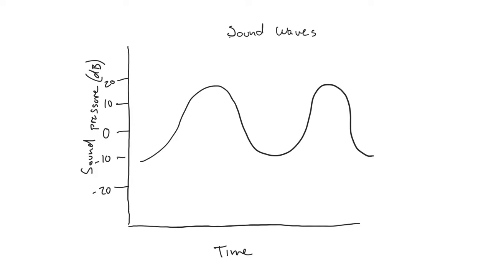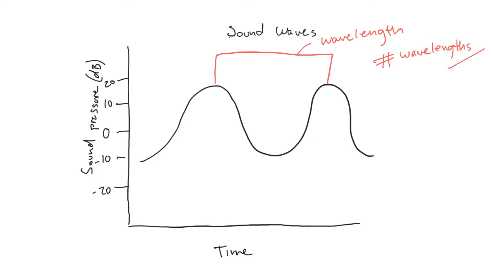So first, one wave, so from crest to crest or from trough to trough, this is called the wavelength. Okay, and the number of wavelengths per unit time is called the frequency.